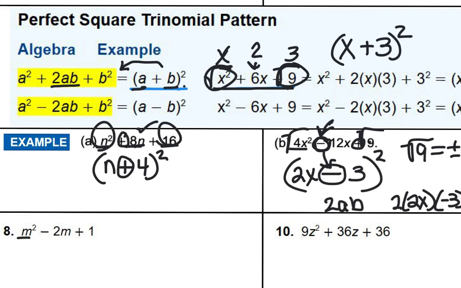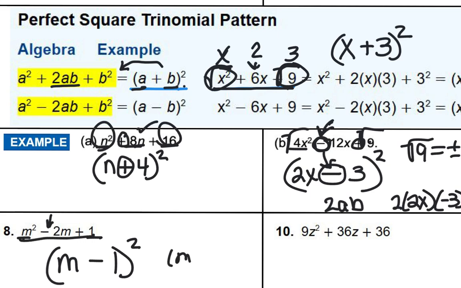All right, these are both perfect squares, and the middle term here is minus. So it's going to be something minus something squared. So the square root of m squared is m, square root of 1 is 1. Okay? And remember, you can always check it, work it out, and see if this is what you get.